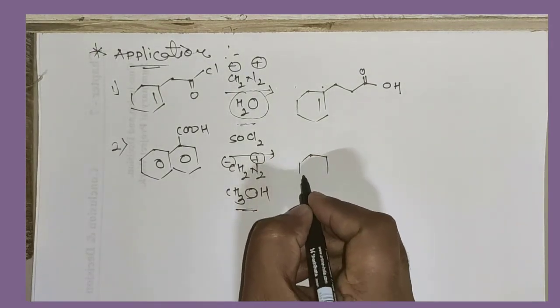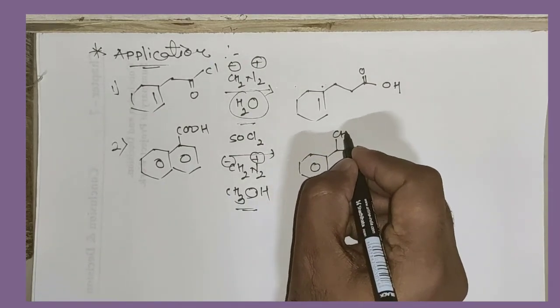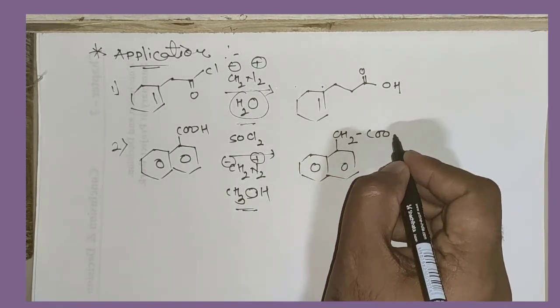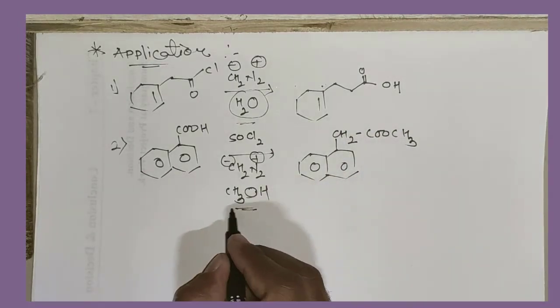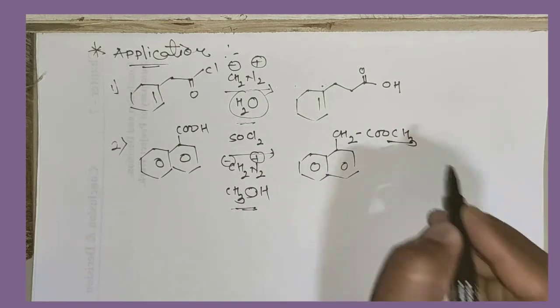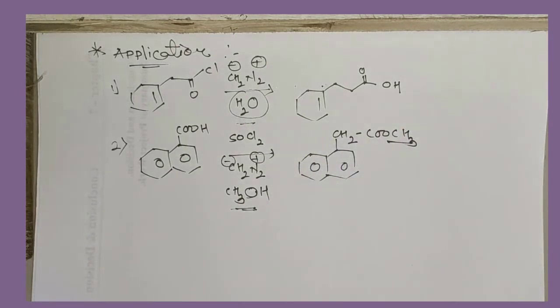So now the final product has one CH2 more than the reactant, and ester is the functionality, because here we are adding CH3OH. So here CH3O, H is attached to here, right? The most important thing to remember is that ketene is formed as the intermediate.